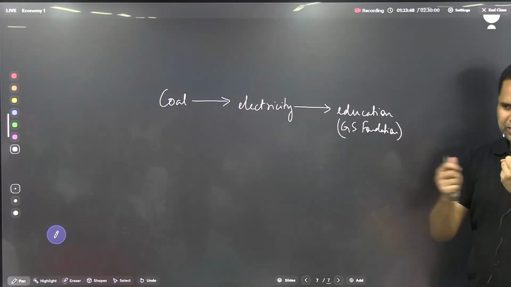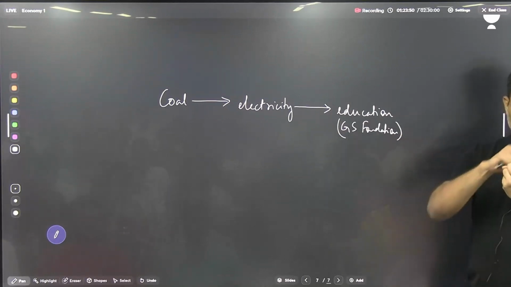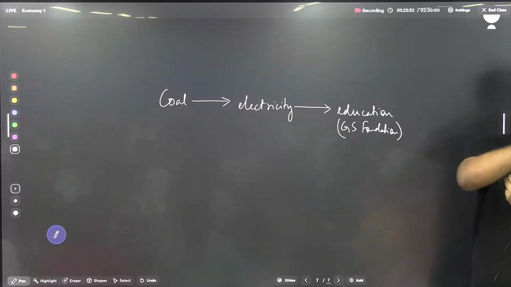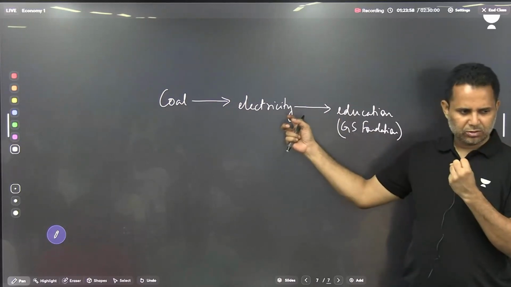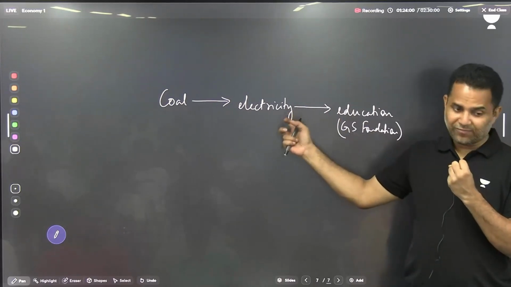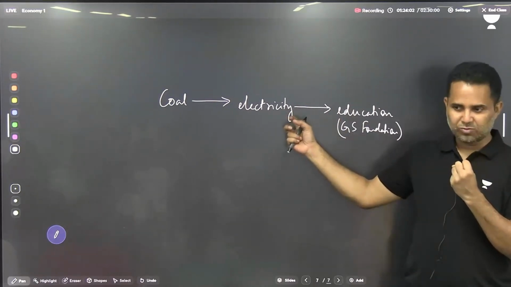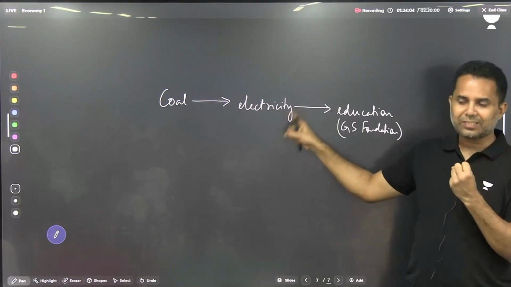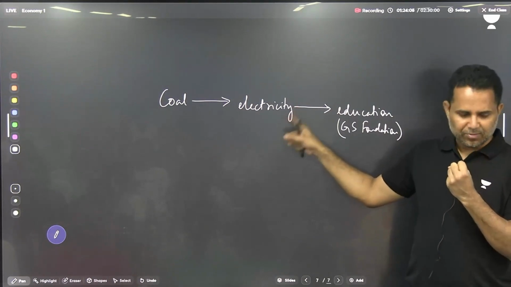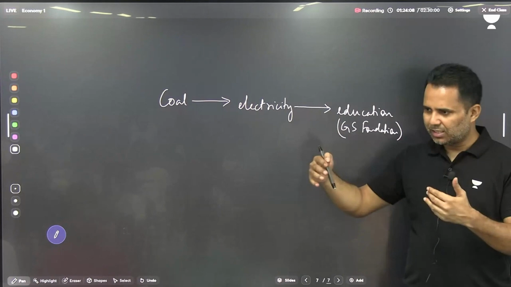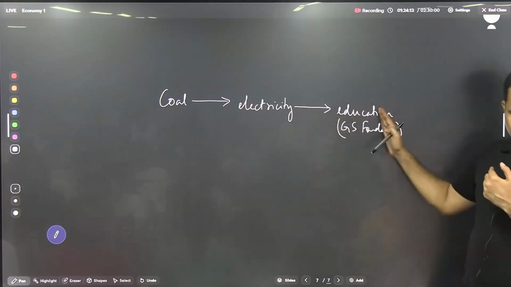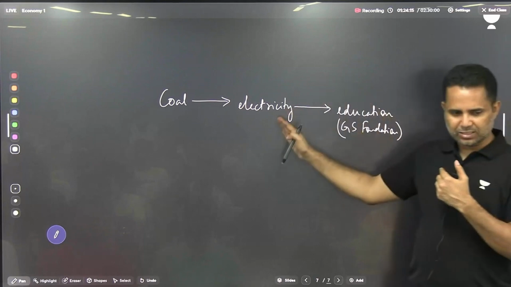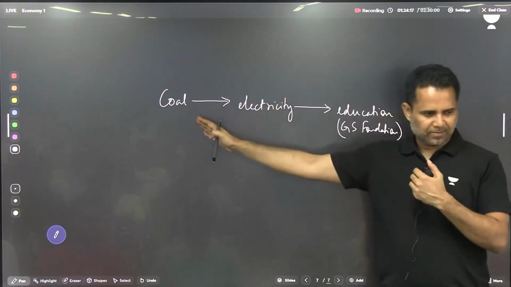Unacademy purchased electricity and converted it into GS Foundation course, and it sold GS Foundation course to you. Now this electricity, is it a natural resource? No. Is it a final good? No. If this would have been the last transacted product, then it would have been the final good. But the last transacted product here is the GS Foundation course. So this is the final good. This is intermediate. This is raw material.